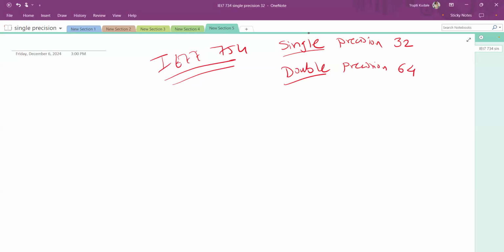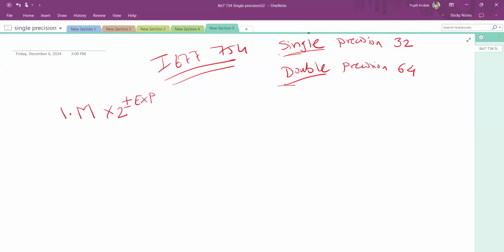To represent a number in a single precision or a double precision format, there is always a prerequisite for how the number should be. Only then can your binary number be easily represented in either format. Always, a number should be in a binary form and it should be represented as 1.m into 2 raised to any exponent.